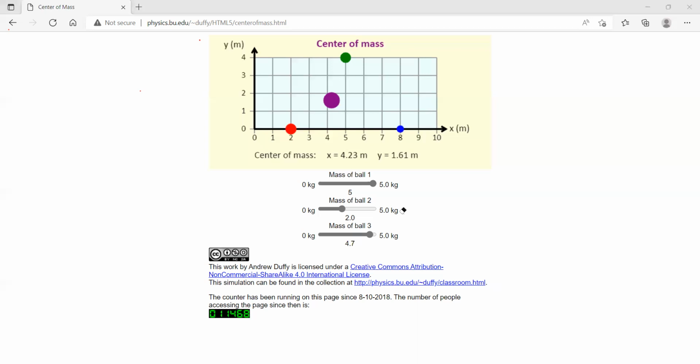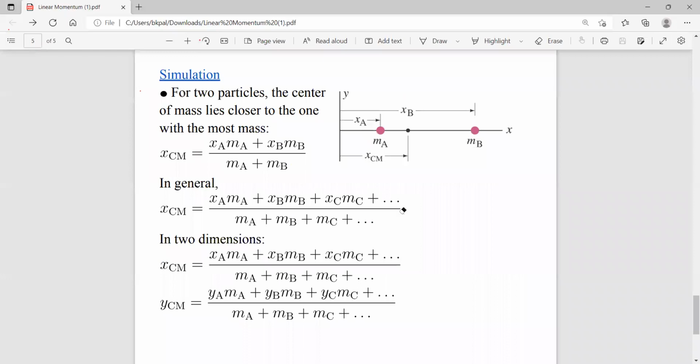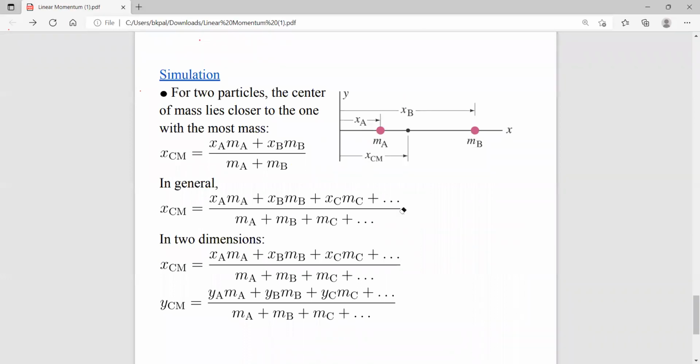Let me go back to here, and these are the mathematics. If we have two objects, here we have MA and MB, and you see that MA is XA from the origin.